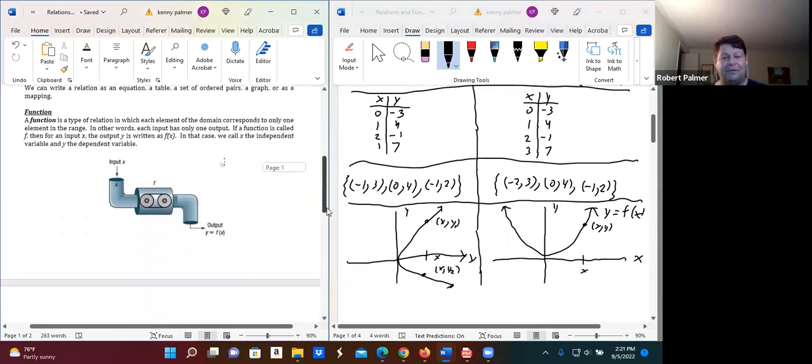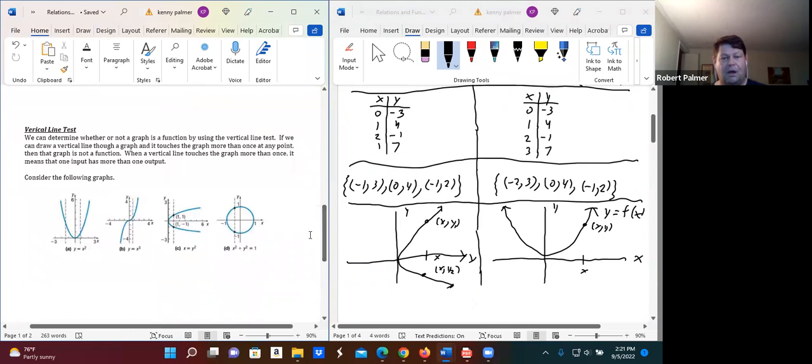Let's look back over on the left. I'll just read this. It says, vertical line test. We can determine whether or not a graph is a function by using the vertical line test. If we can draw a vertical line through a graph and it touches the graph more than once at any point, then the graph is not a function. When a vertical line touches the graph more than once, it means that one input has more than one output.